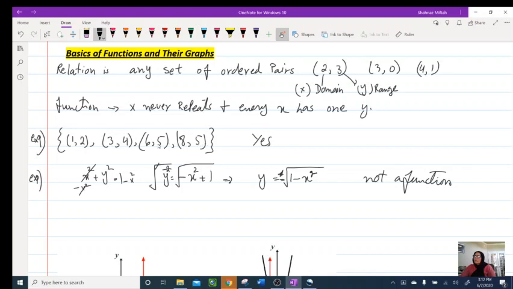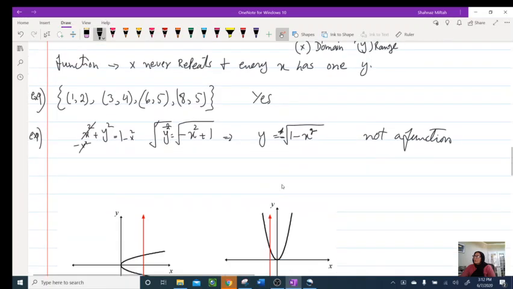Y repeating is okay. For an equation, you get y by itself. If it was not positive and negative, 2 answers, if it was just 1, then I would say it's a function, because 1 x has exactly 1 y. But in this case, I have 2 of these. So that's not a function.